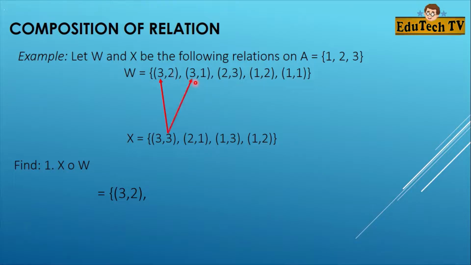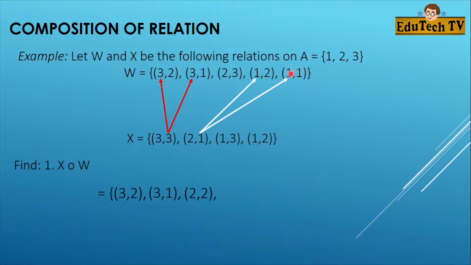Next, we have also 3 here. We have (3, 3) and then (3, 1). So we have (3, 1). Next, proceed with this ordered pair. We have (2, 1). So we'll have this (2, 1), (1, 2). Since 1 and 1 is common, then we have to get the first element in X, the second element from W. We have (2, 2).